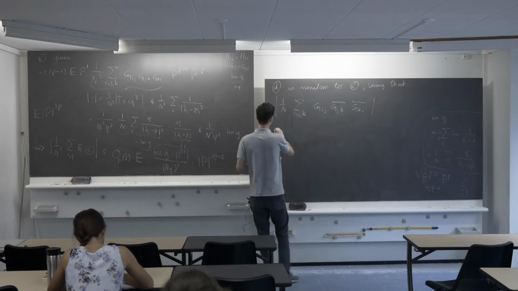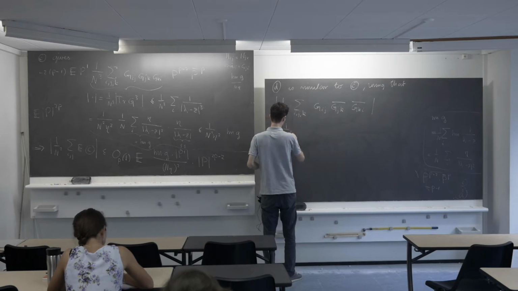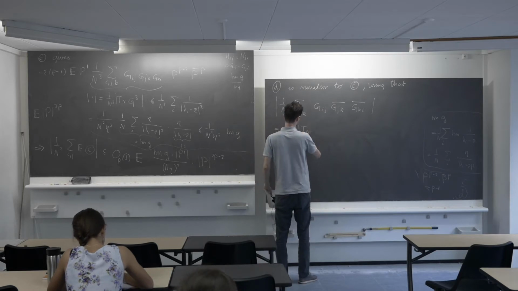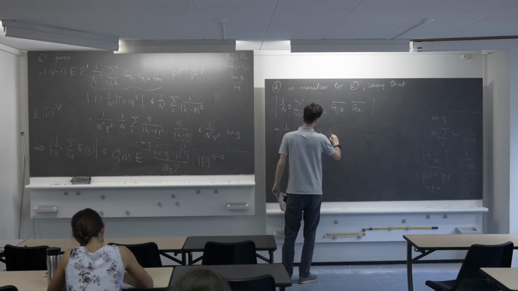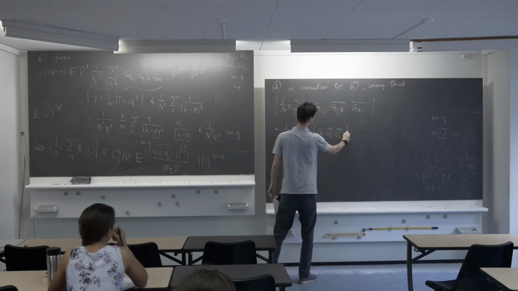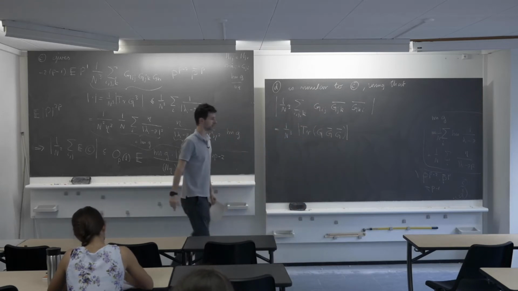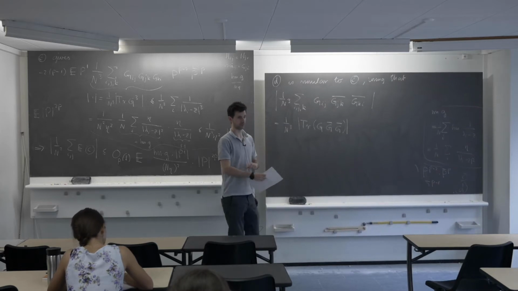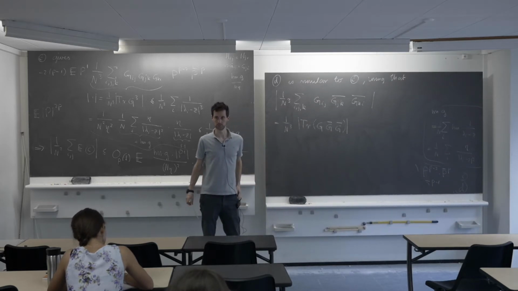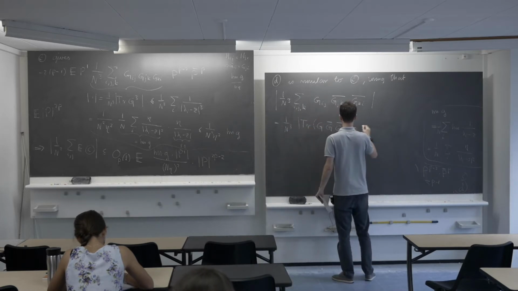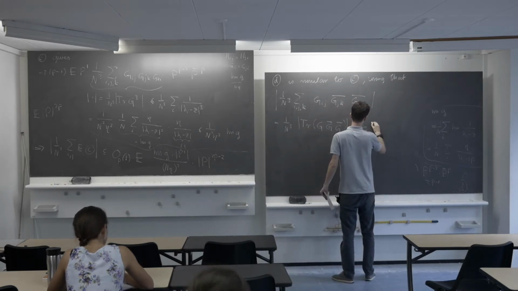And now the observation that you make is that you can still express this as a trace of the product of three matrices. It's not G times G times G, it's G times G bar times G bar. And this you can write in the spectral decomposition exactly in the same way.